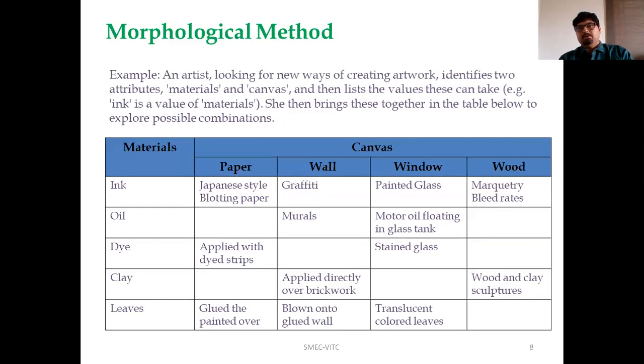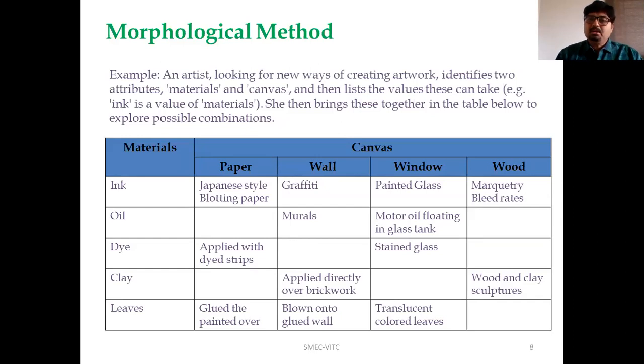Here is one example, listed for an artist looking for new ways of creating an artwork, identifying 2 attributes. One is material, the other is canvas. For material, he is looking at ink or oil or dye or clay or leaves. For canvas, he is planning to use paper or wall or window or wood.